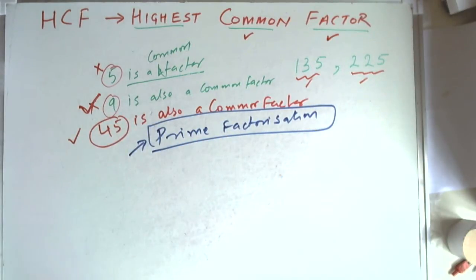And we know what a prime number is. Prime numbers are those basic numbers which cannot be factorized other than by the number itself and the number 1.